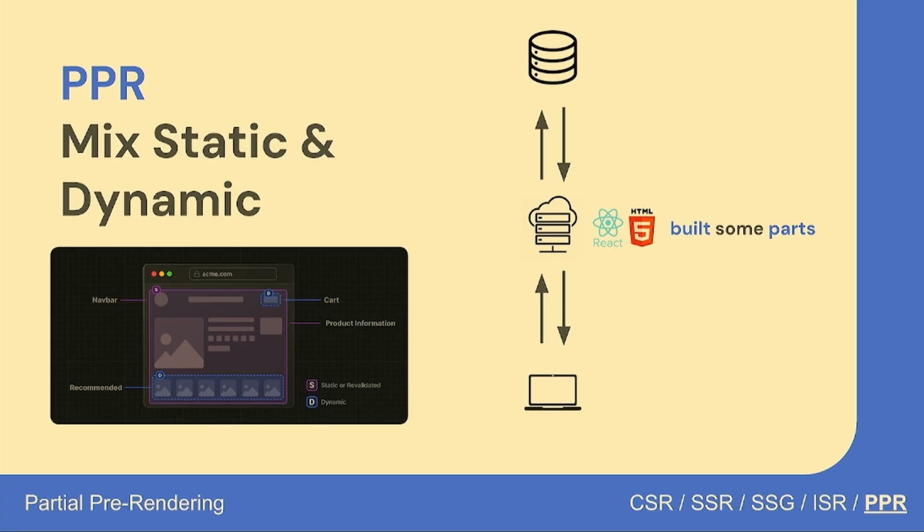Then there's also a very new and recent update with the PPR, partial pre-rendering. There's been some changes lately, so I will just tell you the most known part of it for now. Basically, it's a mix of SSR and SSG.